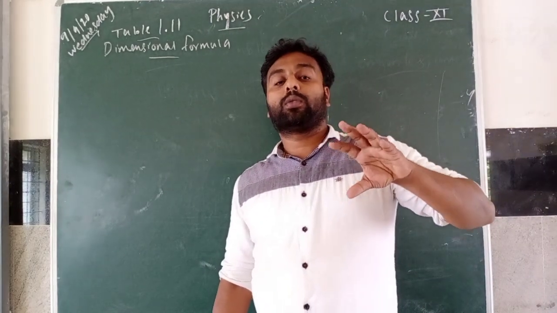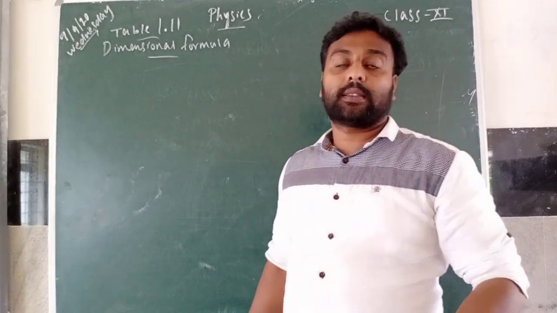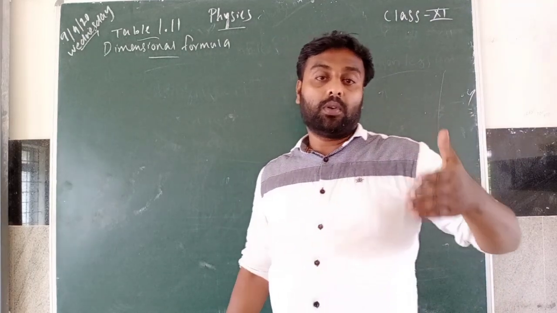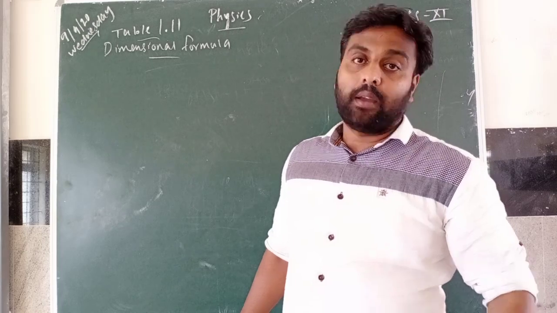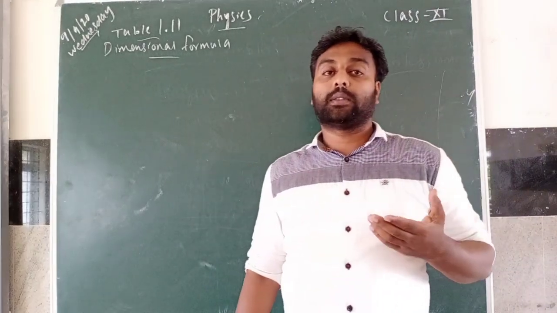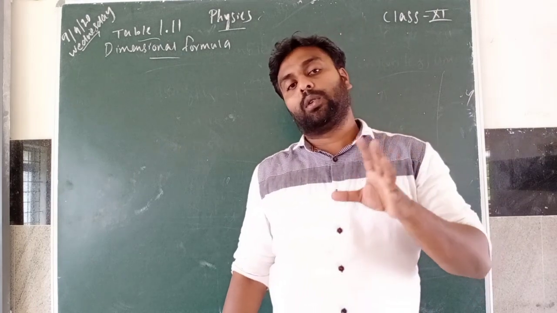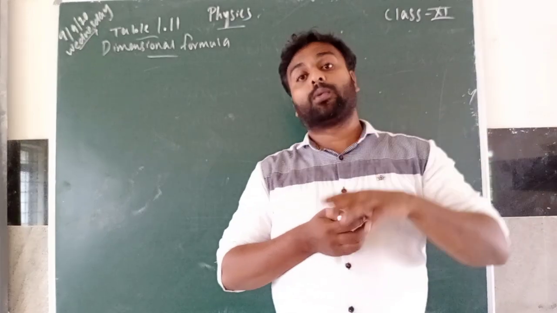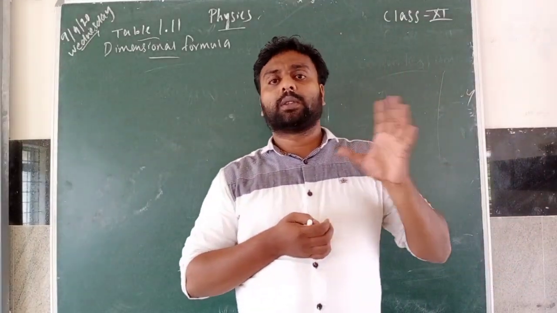Now I am going to show you how you can find the dimensional formula for all these physical quantities. I will show you some examples from the textbook, how to find the dimensional formula of these derived quantities.